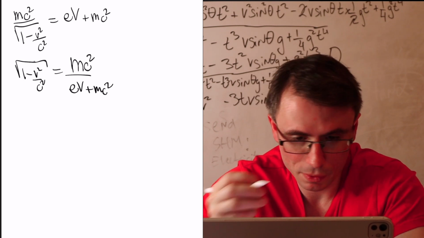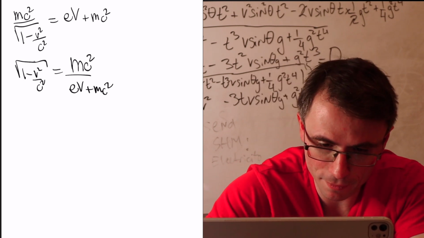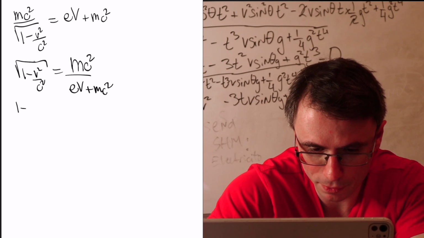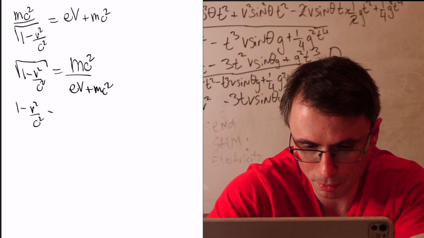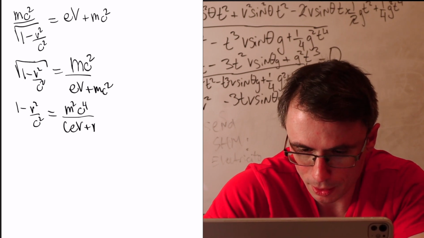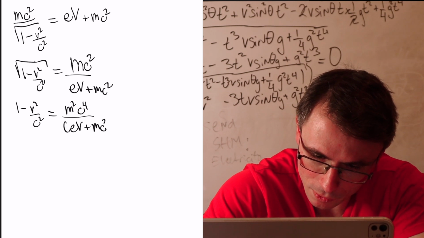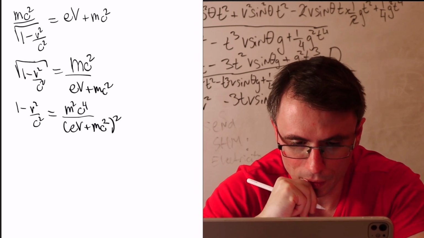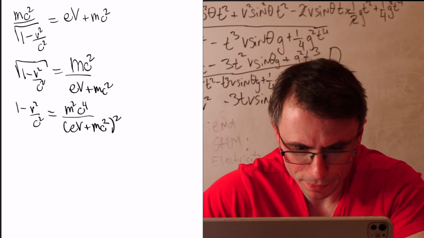Now let's square everything, and then we're going to get 1 minus v squared over c squared is going to be equal to m squared c to the power 4, divided by eV plus mc squared, all of this is squared. Okay, we're sort of getting there.